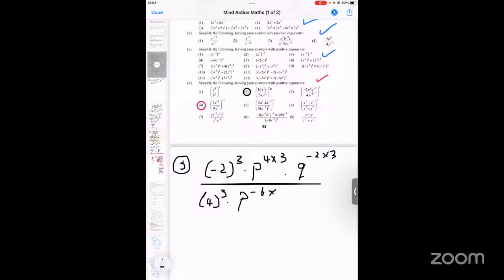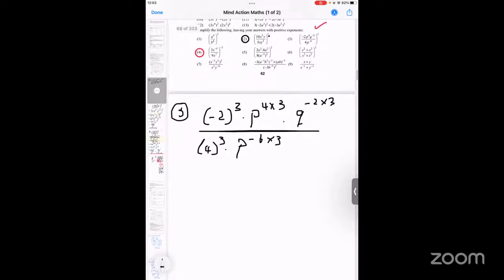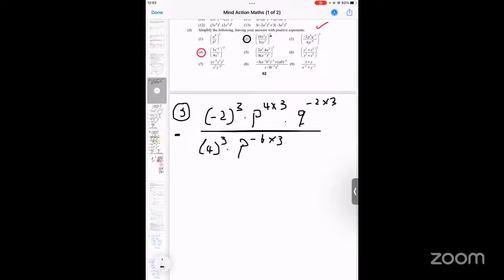And then you have that to the that. Next step: that one gives you negative 8 because you punched it on your calculator. This one gives you 12. This one gives you negative 6. And then you have 64. You punched it on your calculator. This one gives you negative 18, you say.